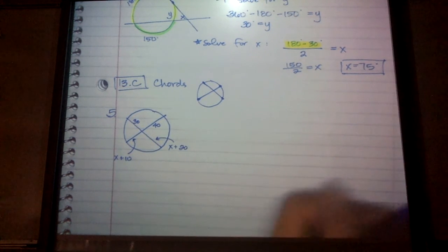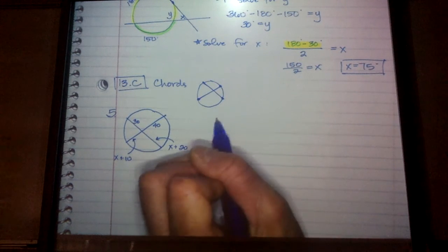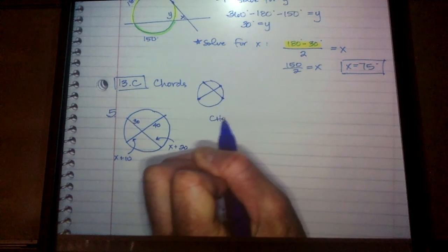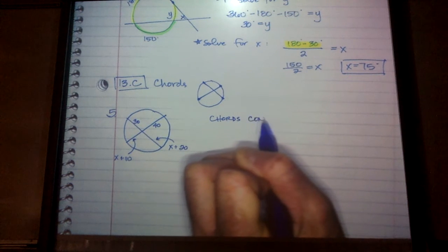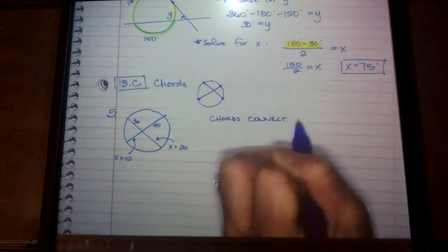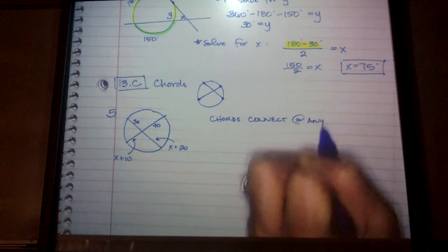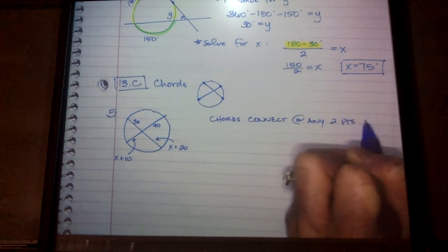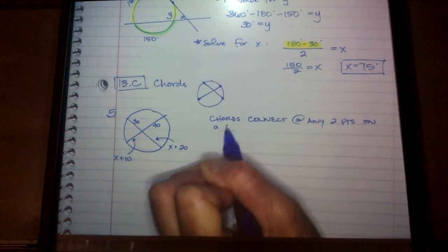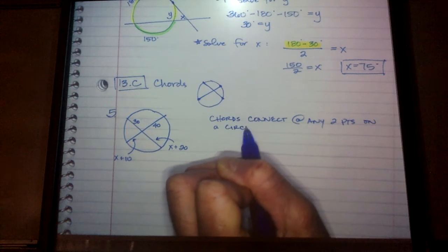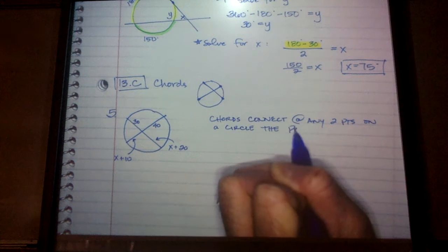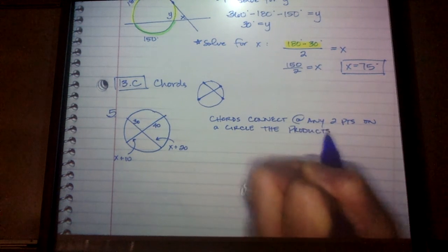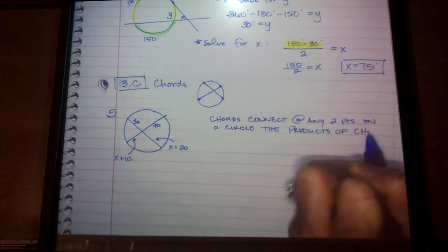If I have two chords that connect at any two points on a circle, the products of the chord segments are equal.